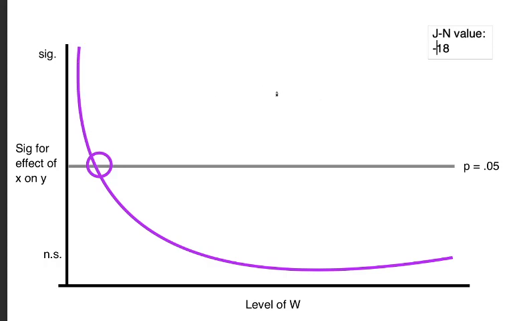So whether this value is above or below the mean doesn't matter for what direction this looks like. Essentially, all it's telling us is at what level of the moderator the relationship between x and y becomes significant.